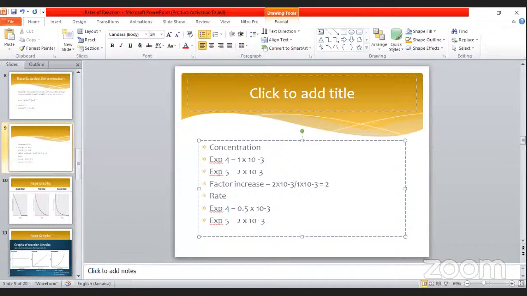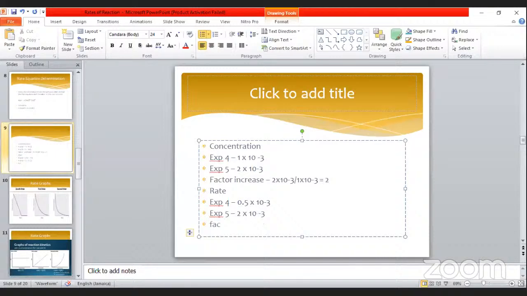And our factor here is going to be calculated by saying 2 times 10 to the minus 3 divided by 0.5 times 10 to the minus 3. And that would be equal to 4.